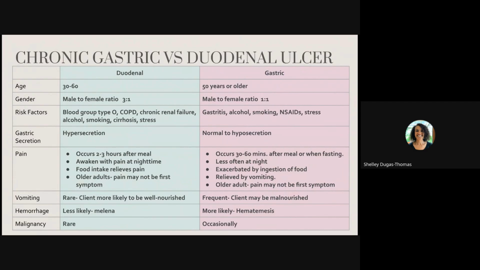So a memory trick for you is duodenal ulcers equal hungry ulcer, pain when the stomach is empty and it's relieved by food. Both are strongly associated with H. pylori infection and NSAID use, and both can cause the same complications, including hemorrhage, perforation, and penetration.